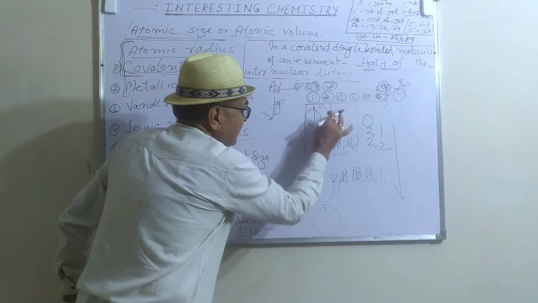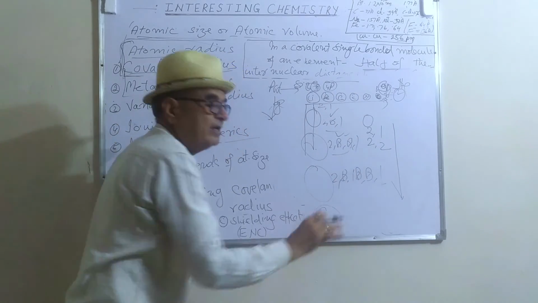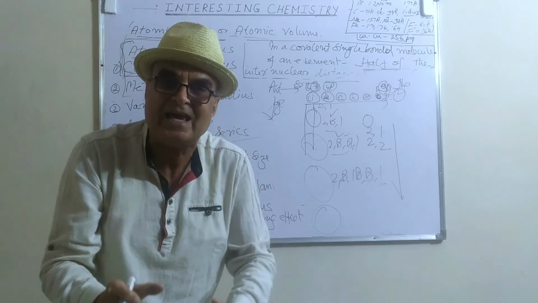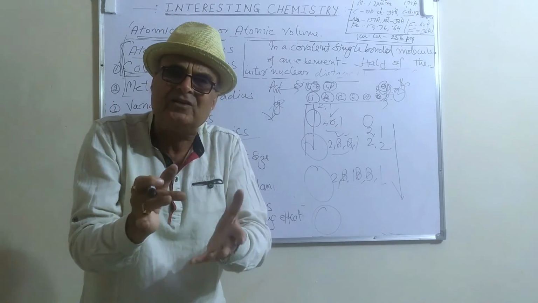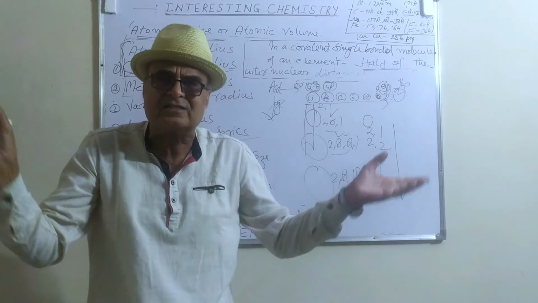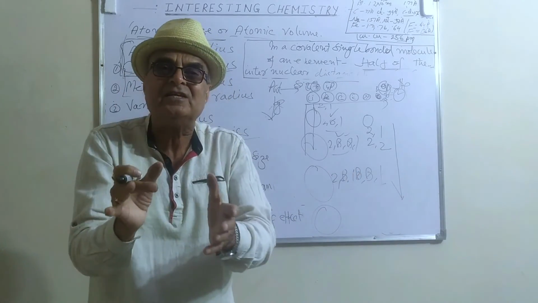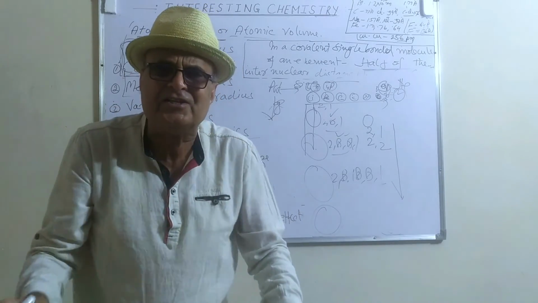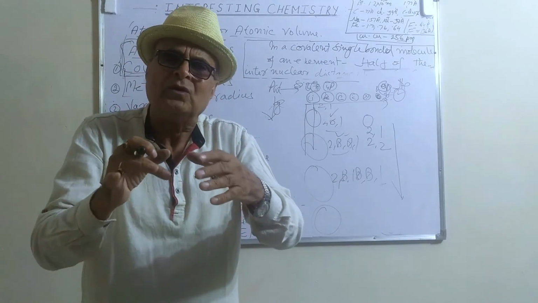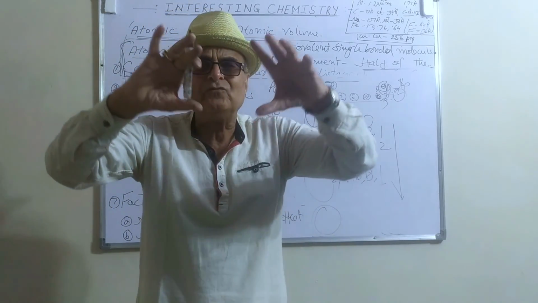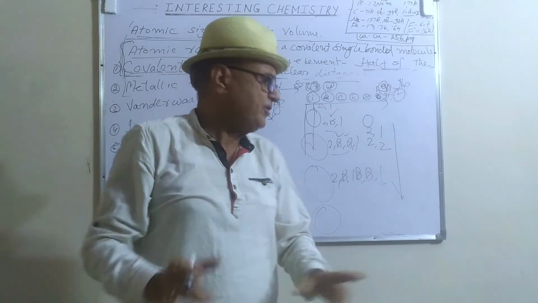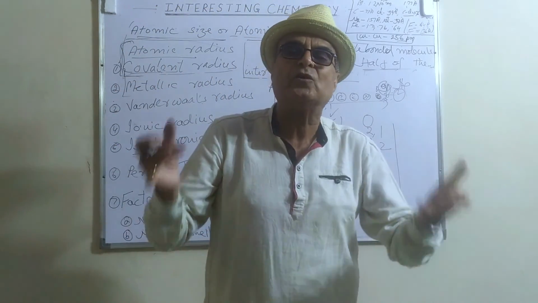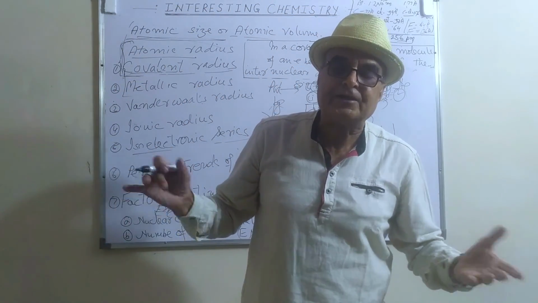Due to the presence of these inner electrons or shells, the shielding or screening effect will increase. Hence the effective nuclear charge of the nucleus will decrease, so the size of the atom will increase. These are the 3 points about the factors affecting the covalent radii or the size of the atom.